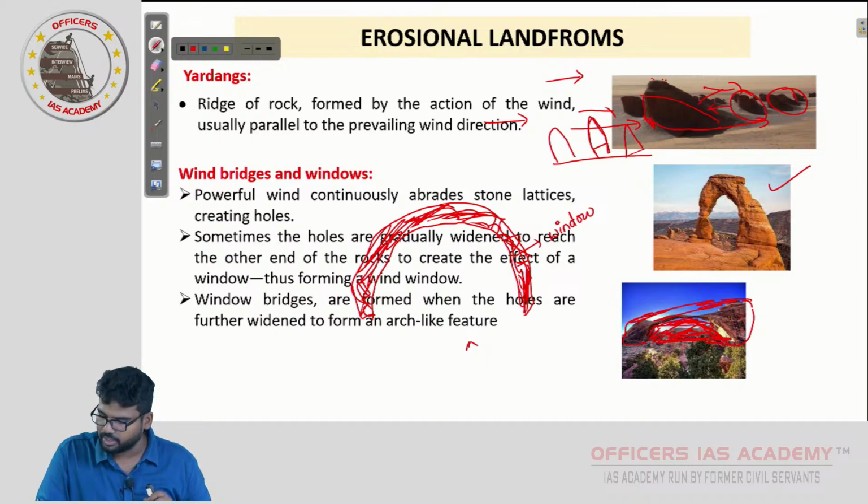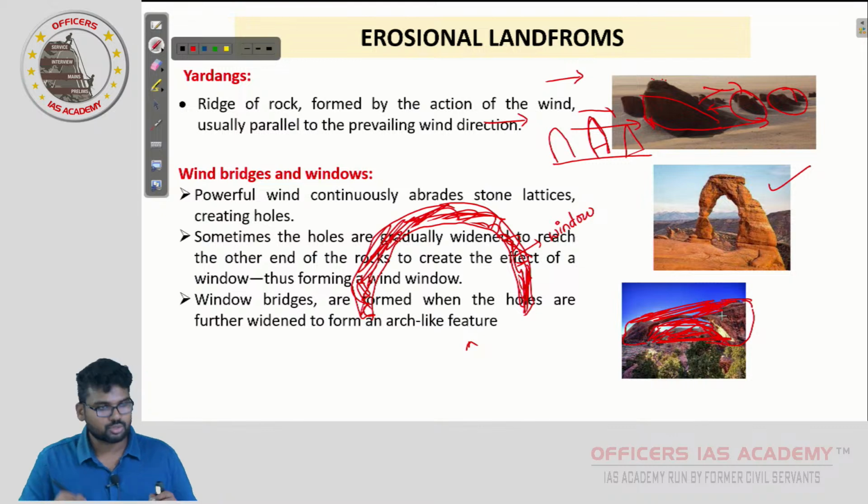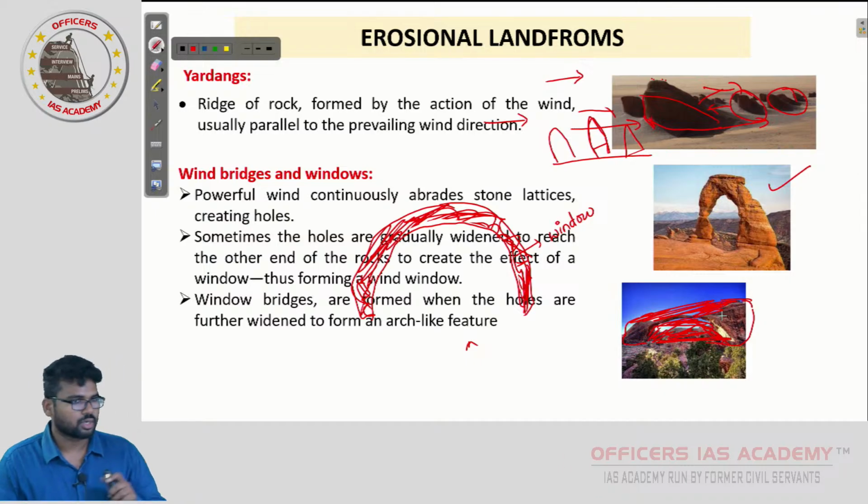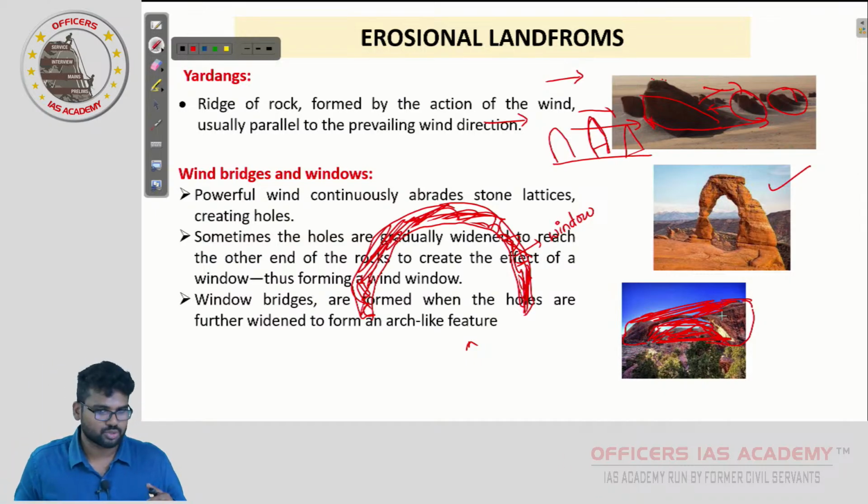Otherwise this is supposed to be the shape of that rock. So this is what we call a wind bridge. These are some more erosional landforms.